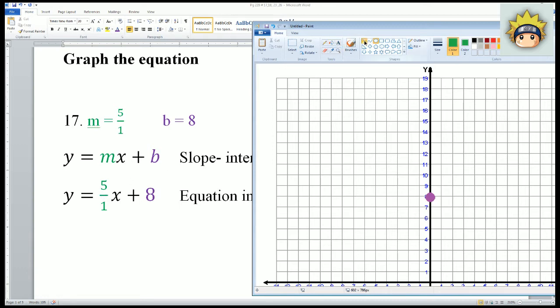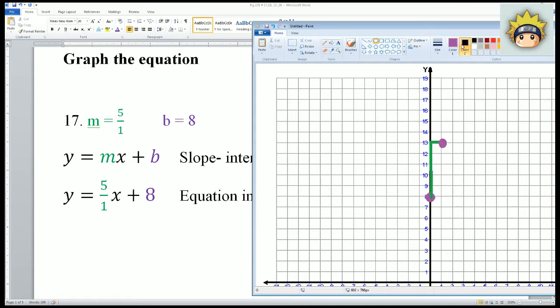So let's go up 5: 1, 2, 3, 4, 5. That is up 5 and across 1. So that should be my second dot. There you go. Now I can just draw a line through it.